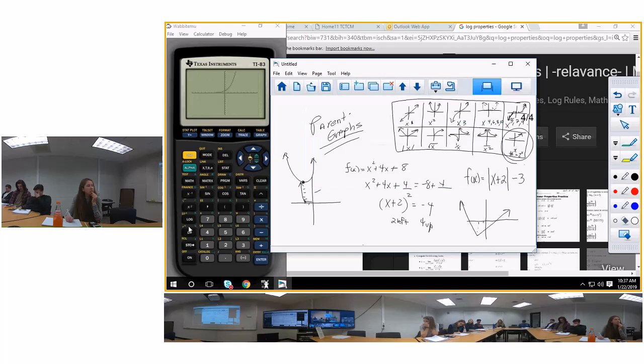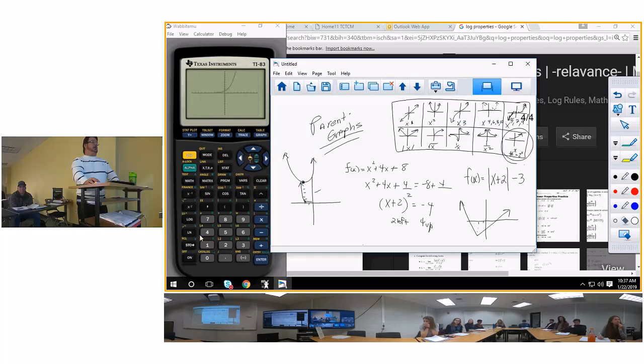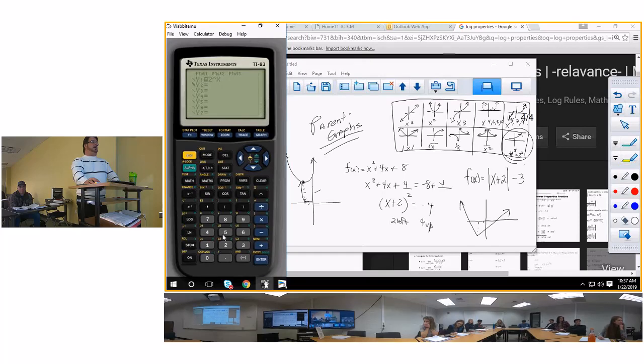I'm going to take my y equals. I'm going to go down here and change this one to a dark color. And I'm going to write 2, exponential, parentheses, x plus what? Let's make it an x minus 2.